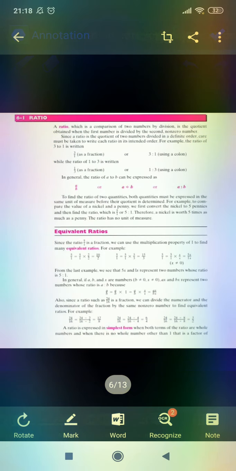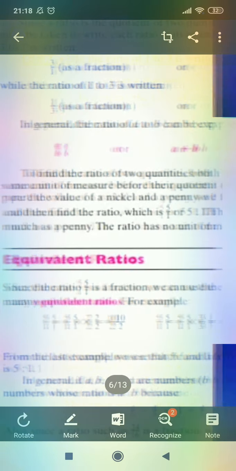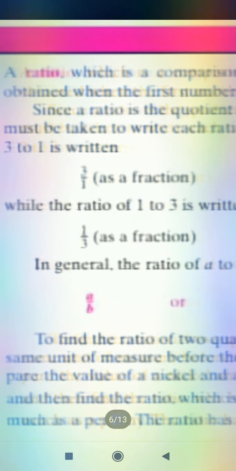And next, comparison of two ratios. Two or more given ratios can be compared by expressing the ratios as fractions. Hence, expressing each ratio as a decimal number we can compare, and also as a fraction, equivalent fractions we can compare too.